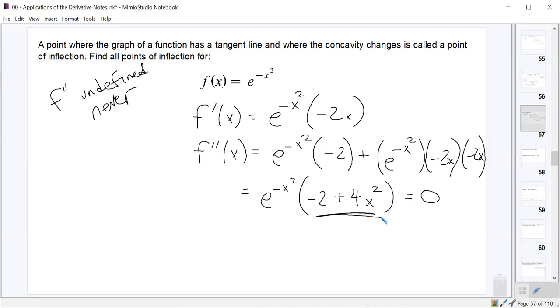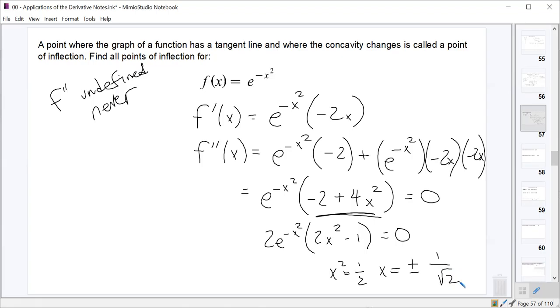So let's factor out the 2 from that, which will give us 2e to the negative x squared times 2x squared minus 1 is equal to 0. And e to the negative x squared will never be 0, but 2x squared minus 1 will be when x squared equals a half, or x equals plus or minus 1 over root 2.